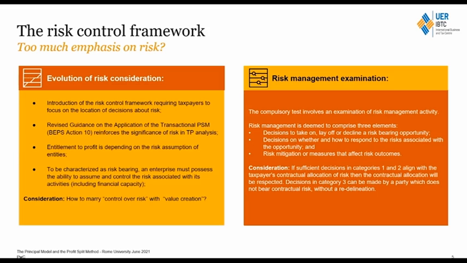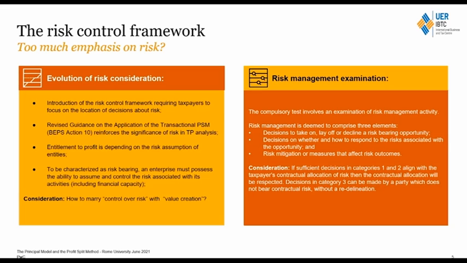What about my decisions on whether and how to respond to the risks associated with the opportunity? So do I have the empowerment and the expertise to do that? The third bullet, the actual mitigation, I can leave to somebody else. So control over risk does not mean that I also have to do the risk mitigation.